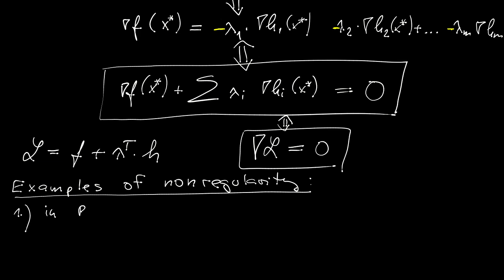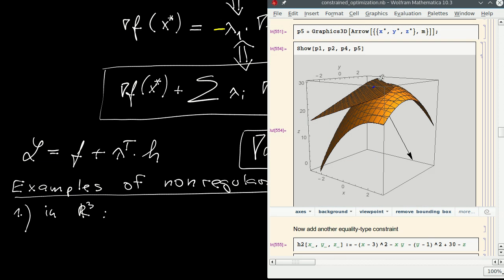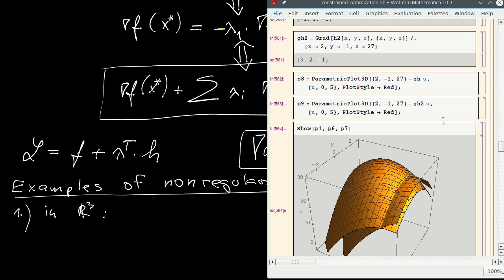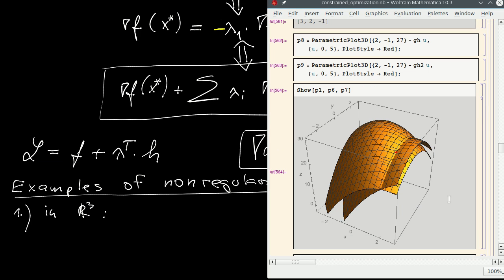So the first example will be in R3, and well, in fact, no, the plan was slightly different. Before showing you these degenerate situations, I first wanted to show you a nice situation in which things go fine. On top of the example that I had before, I add another constraint.